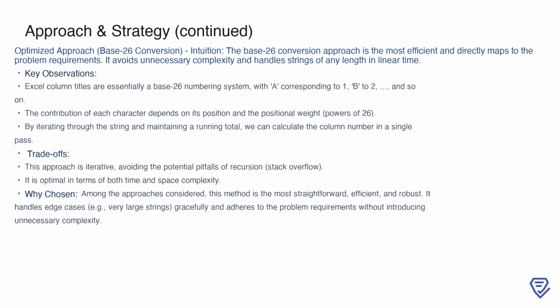The time complexity remains O(n), and the space complexity is O(1). This makes it robust enough to handle edge cases, such as very long strings, while adhering to the problem's requirements. By avoiding unnecessary complexity, this method provides a straightforward and reliable solution to the problem.